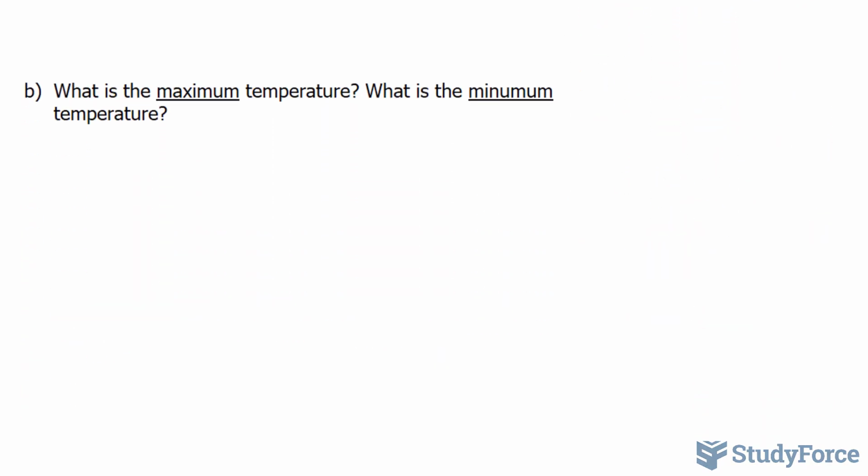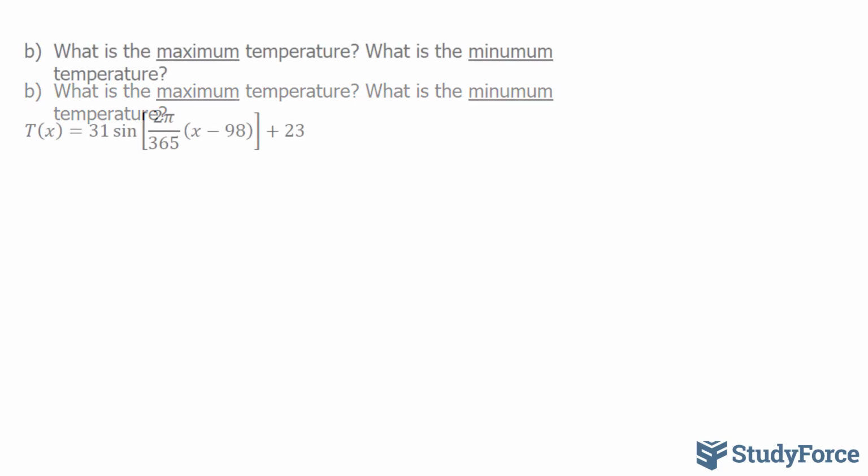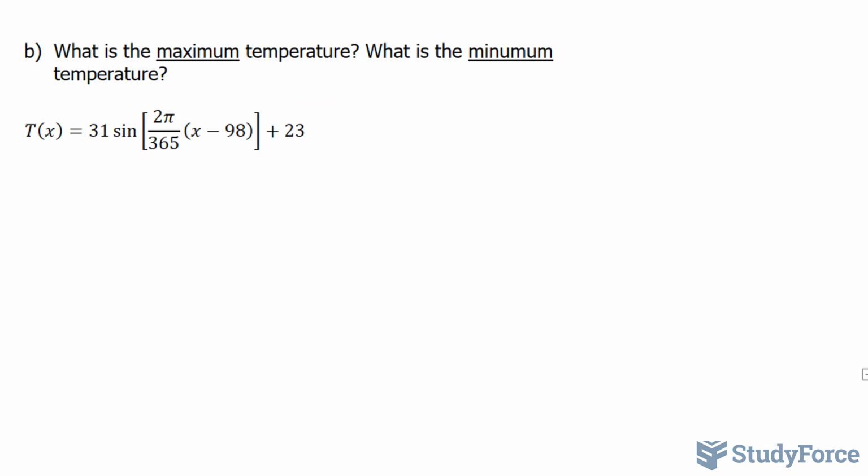In part B, they're asking what is the maximum temperature and what is the minimum temperature. To help us solve this more easily, I've rewritten the equation. And also keep in mind what a sine function looks like. A sine function, the wave, looks like this. It starts at 0, goes up to 1, makes its way down to 0, -1, and then back to where it started.